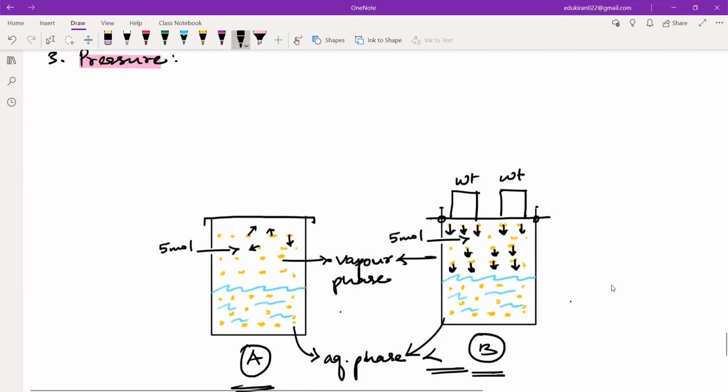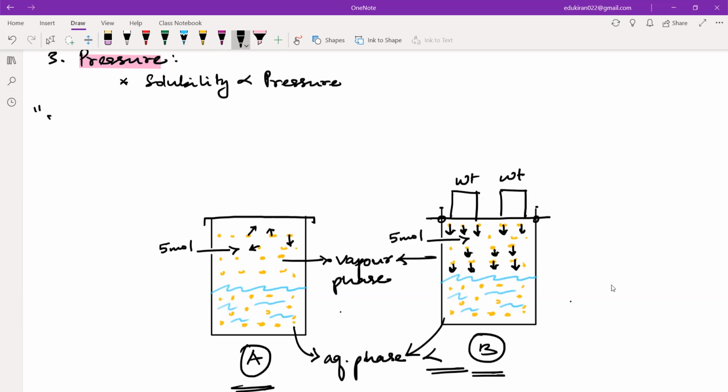So write a statement like this. First of all, solubility directly proportional to pressure. Then you will write a statement. Please write with me, okay?